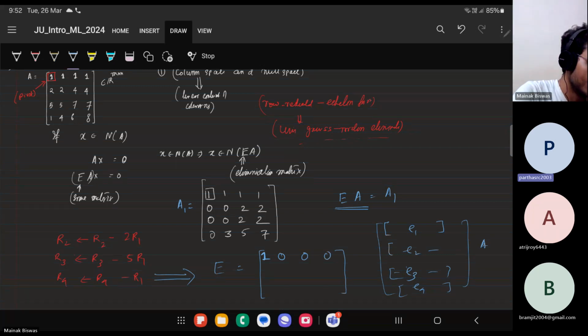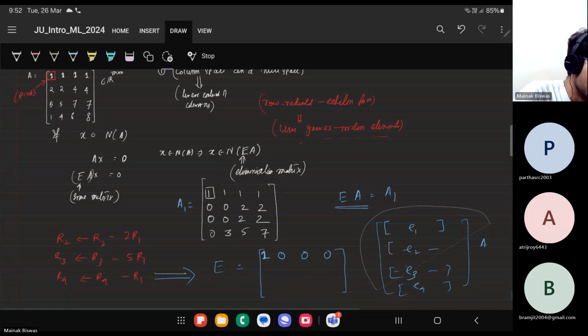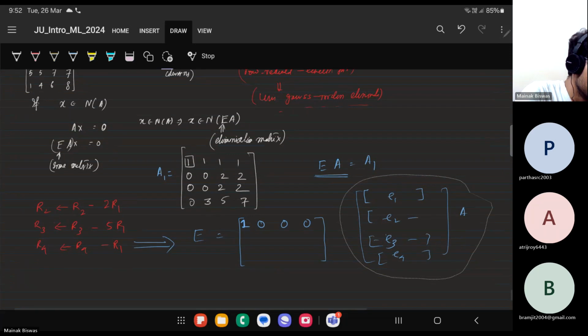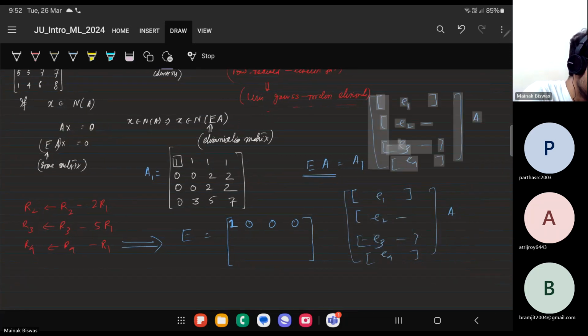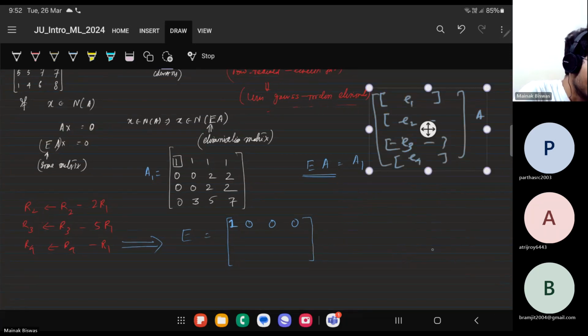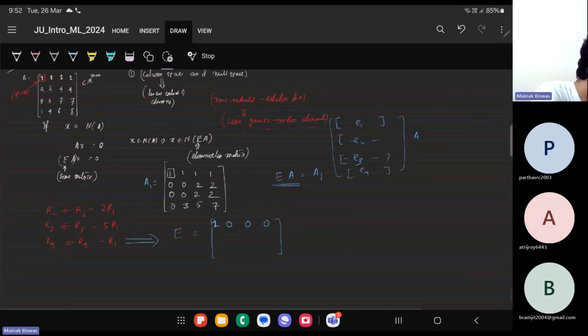And then the second row will be 0, minus 2, 0, 0, like this. Let me just write down the matrix once again. This is how you generate the EA matrices. I'm trying to show you that.